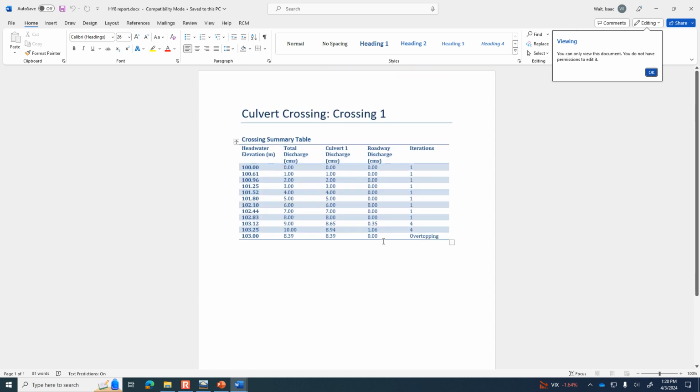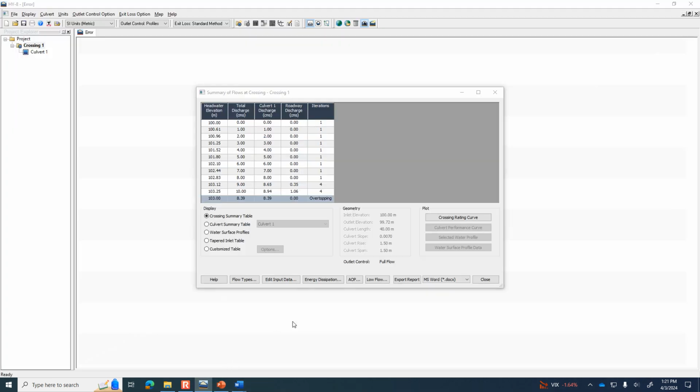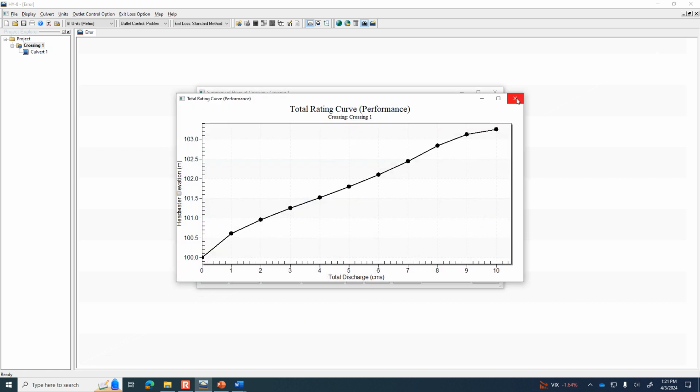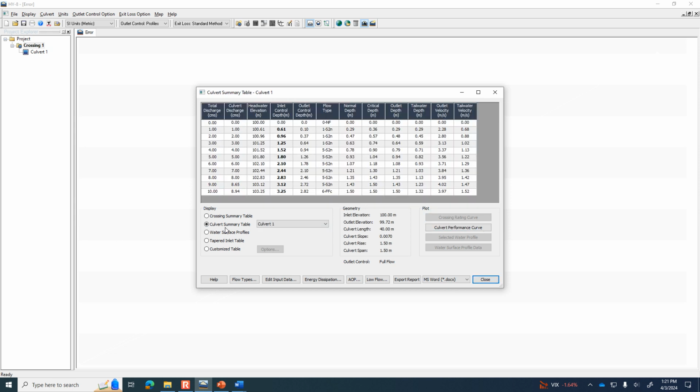Oh, that's the only thing in the report? That's not as maximalist as I was expecting, because there are other reports that we can get from it. Culvert summary table. So same stuff, discharge, elevation, but then this will start to tell us the flow type.